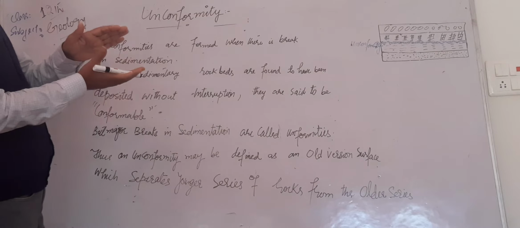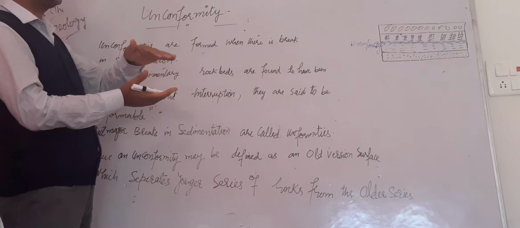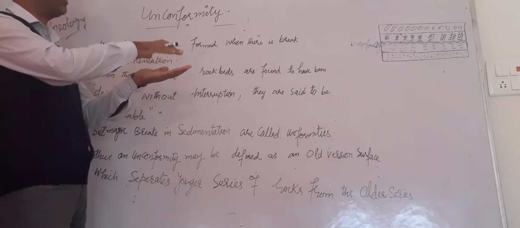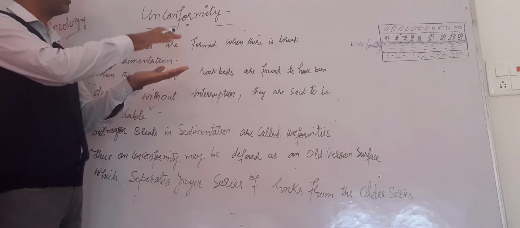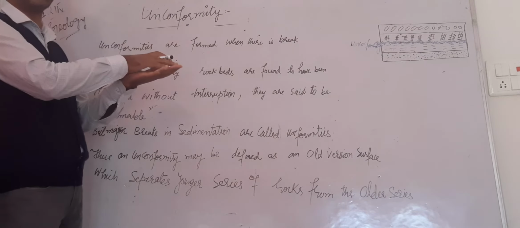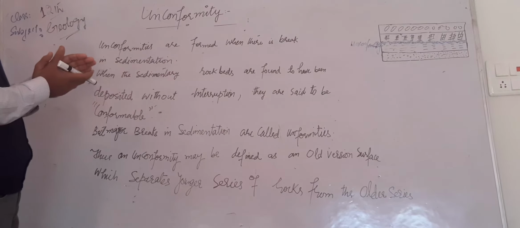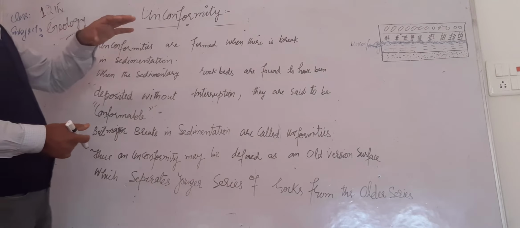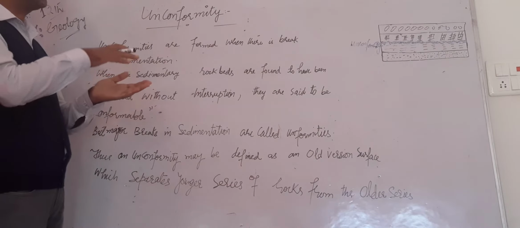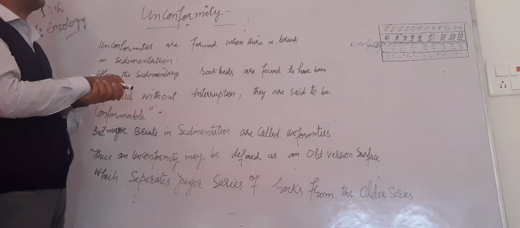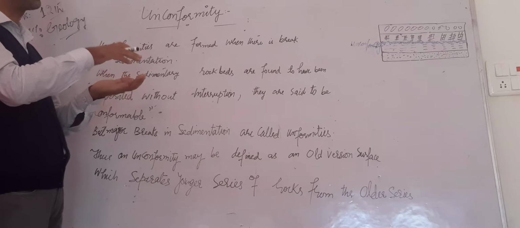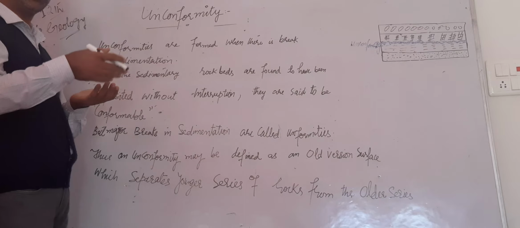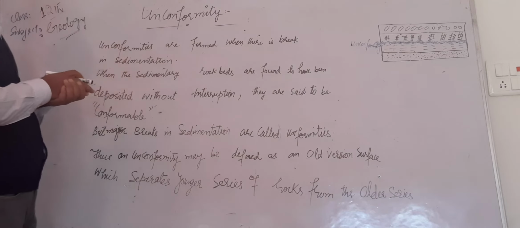When the sediment is deposited in different layers, one over the other, and there is a continuous process of sedimentation, we can say these rock beds are conformable, that they have been formed from time to time.